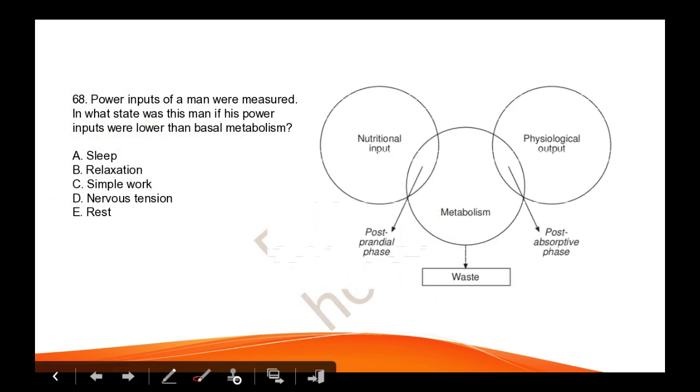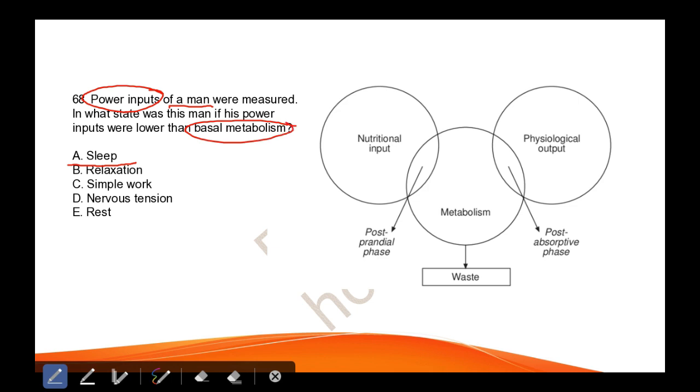The next question is about the basal metabolism of a sleeping man whose power inputs are less than the basal metabolism. The basal metabolism is the metabolism needed to keep us alive, to keep us breathing and digesting.